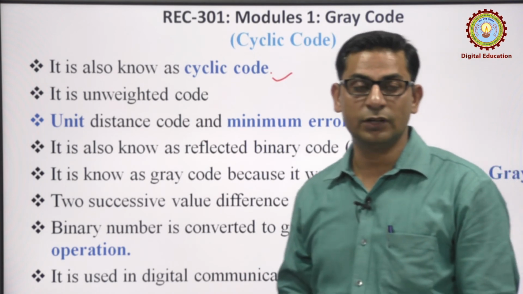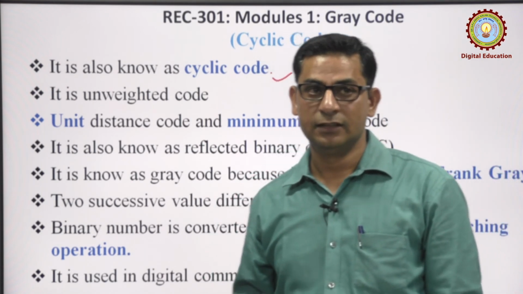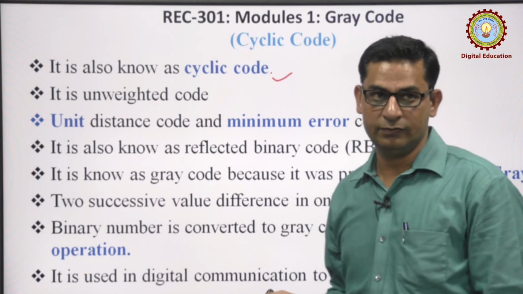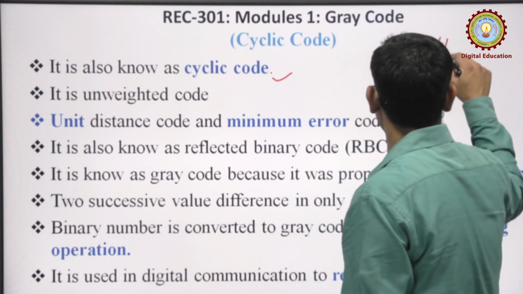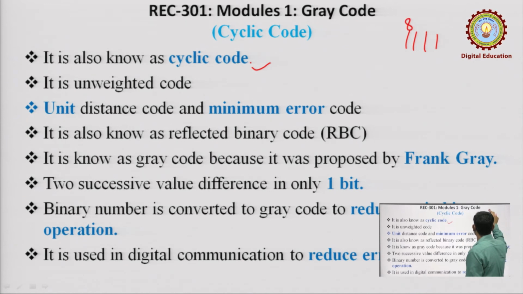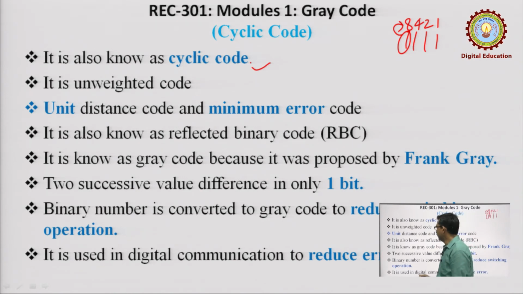In the BCD code, each digit has its weightage like 8, 4, 2, 1. So, if we have 1, 1, 1, 1, it means 8, 4, 2, 1, and this one has the weight of 8. Okay. So, this is not in the cyclic code.